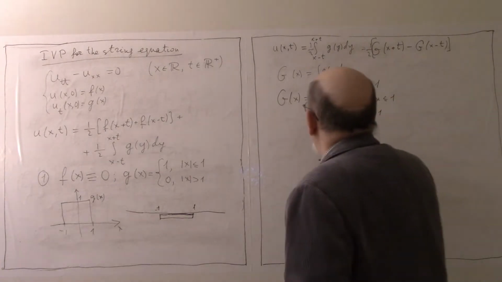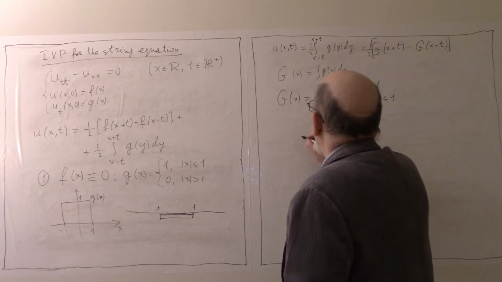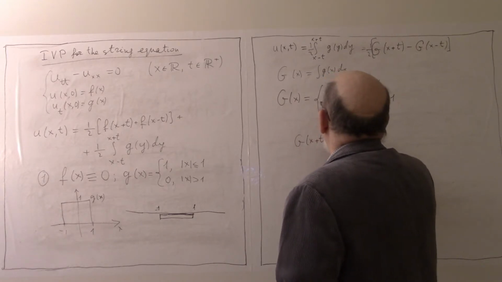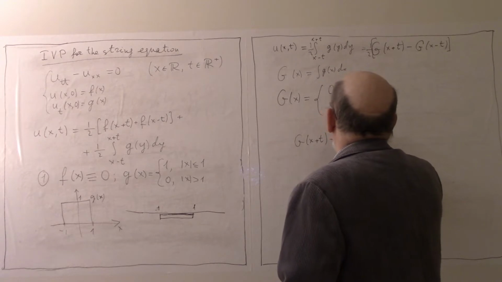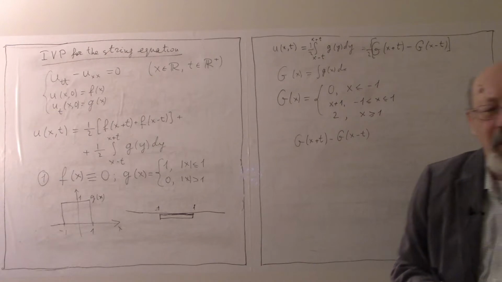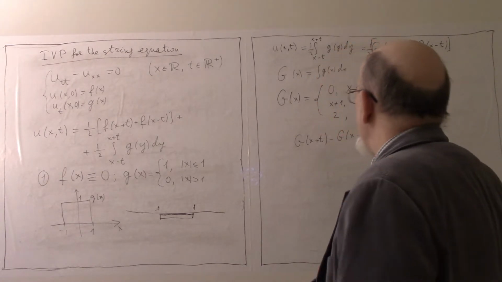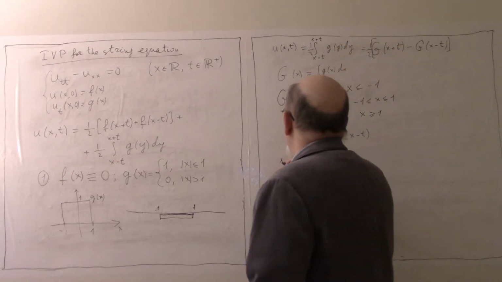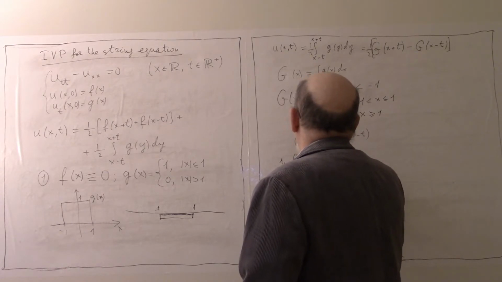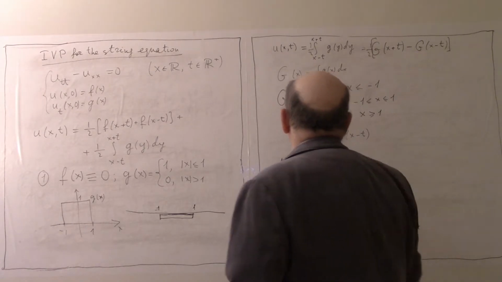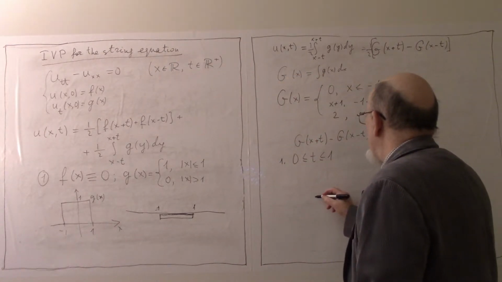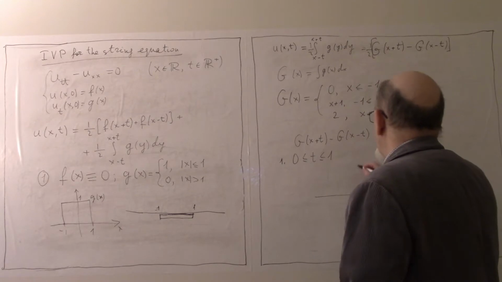And so we have to find G(x+t) minus G(x-t). And here we can have two different situations. First case, when t is between 0 and 1. So in this case, let us consider this situation.